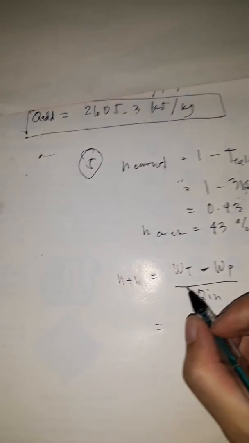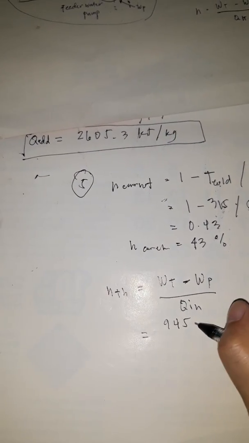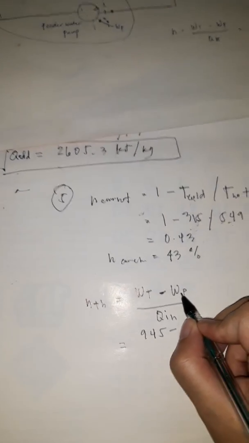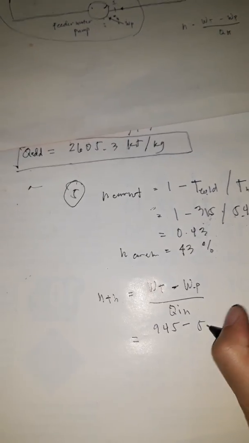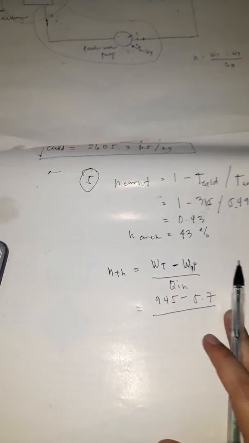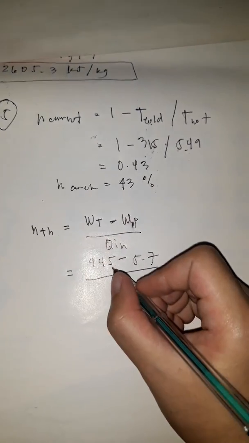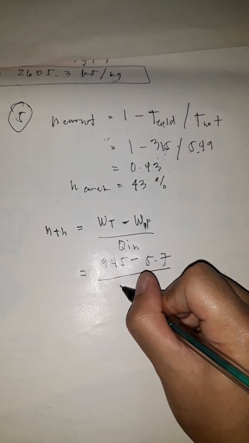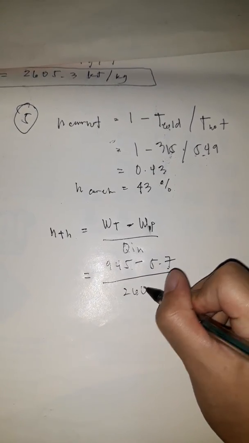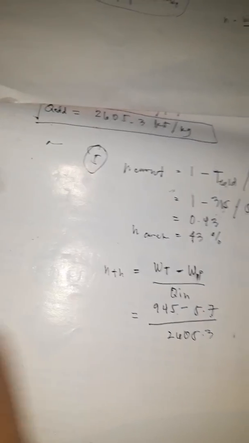We have the work turbine 945 minus work pump 5.7. In the previous problem we have calculated already these two, over 2605.3 in the previous problem.